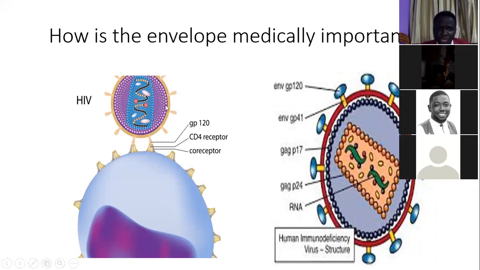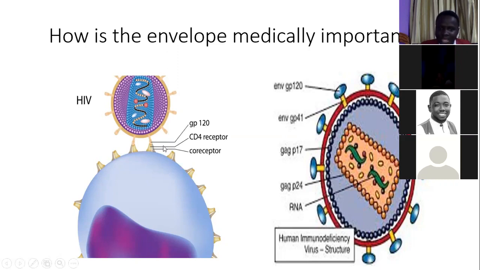Every virus will have receptors at their cell surfaces. These are receptors, and the function of these receptors is to bind to the host cell. You see, this is binding to the host cell. In the human immunodeficiency virus, we have GP120 and GP41 that bind to the host cell.